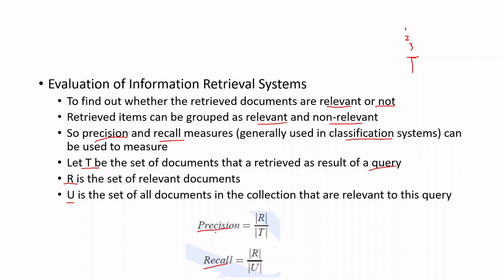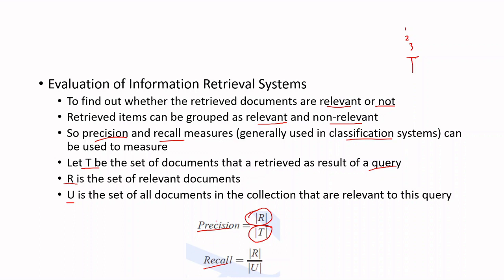Precision is: out of the total number of documents retrieved by our system, how many of them are relevant? That is what precision is. Recall is: out of the total number of relevant documents present in the system, how many have been retrieved by our system?